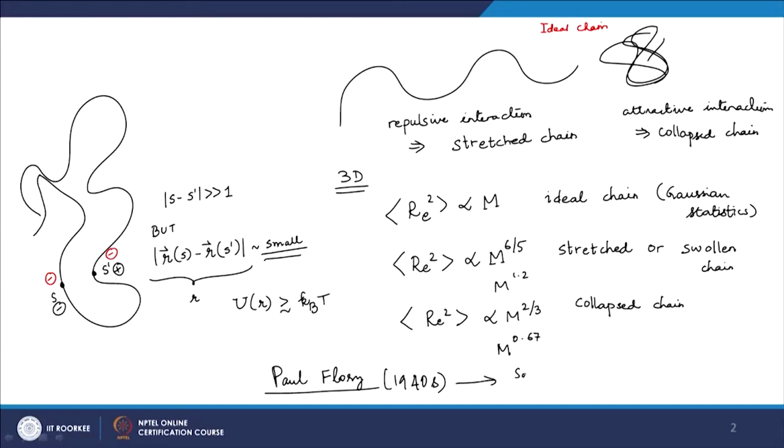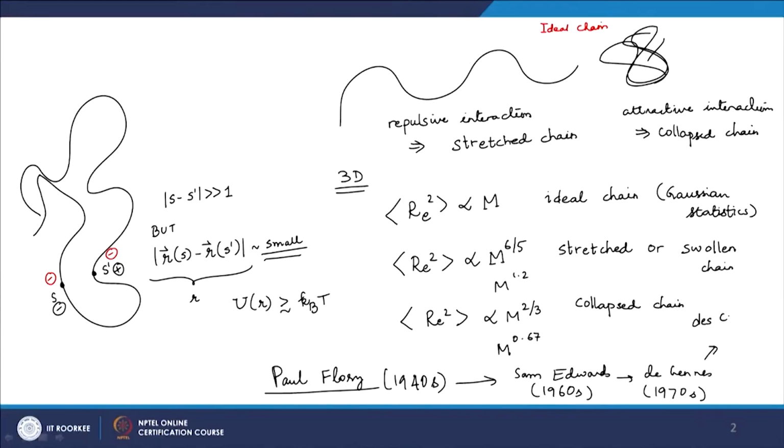Sam Edwards and others, in, I would say, the 60s, then de Gennes in, I think, the 70s. They worked on a more rigorous theoretical treatment of polymer physics.